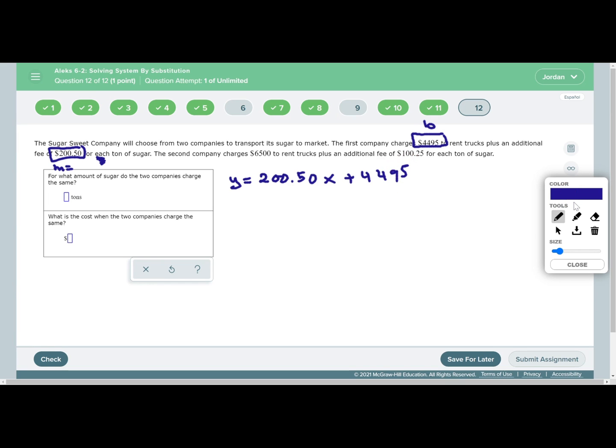Same thing for the second part. The second company charged 6,500 to rent a truck plus additional fee of 125 cents for each ton of sugar. So each, that will be M. X plus beginning is 6,500. And that's it. Then you're going to solve it through.